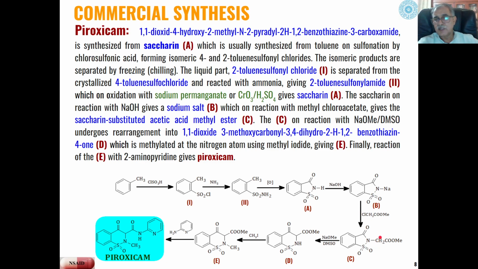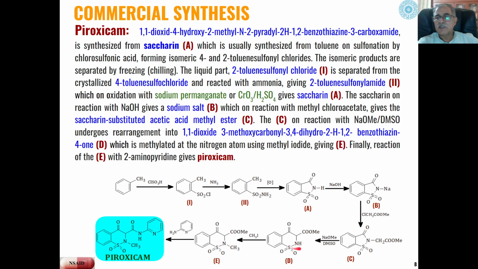It will attack this carbon of the carbonyl, and this carbon-nitrogen bond will break and ring expansion will take place, and we will get a benzothiazine derivative. So this 1,1-dioxide, 3-methoxycarbonyl-3,4-dihydro-2H-1,2-benzothiazin-4-one is formed as the product.